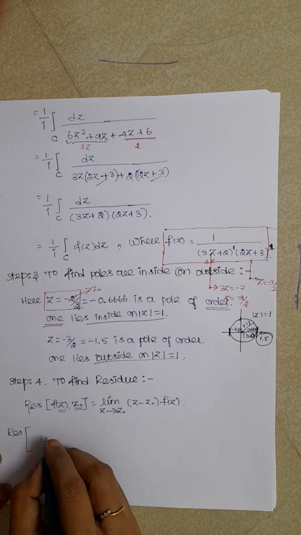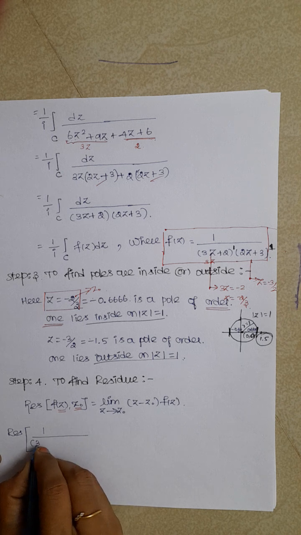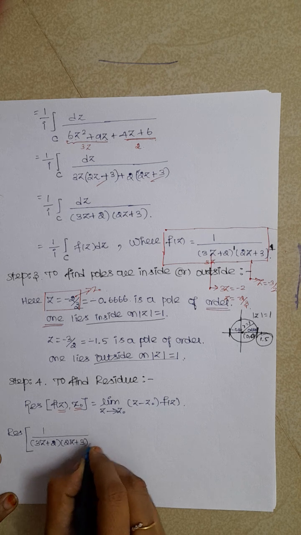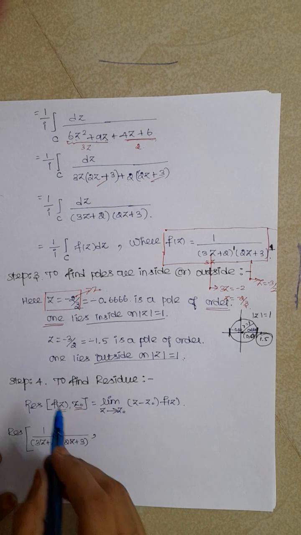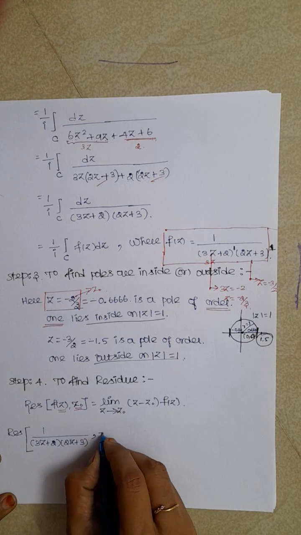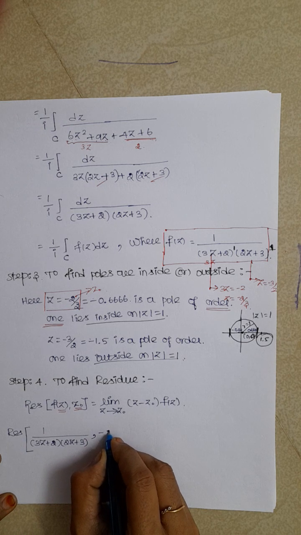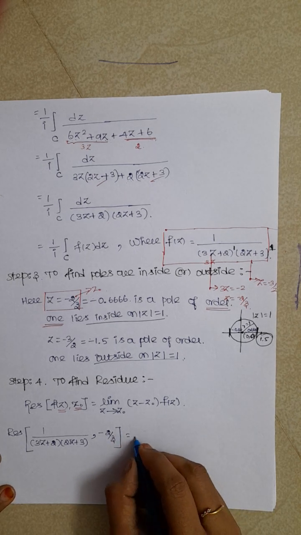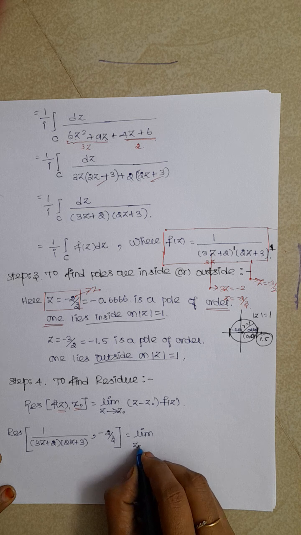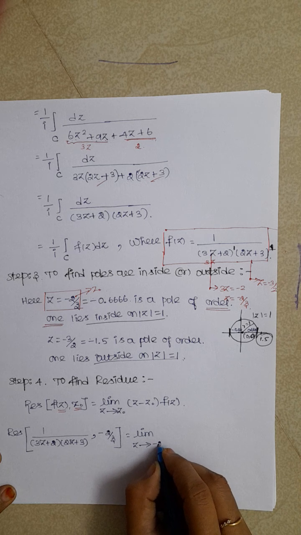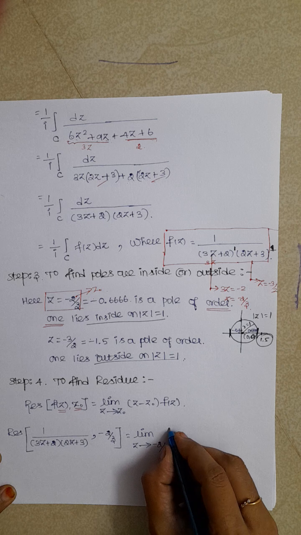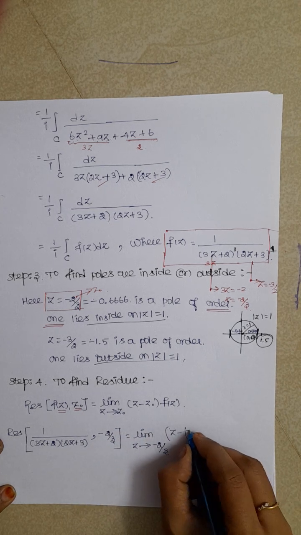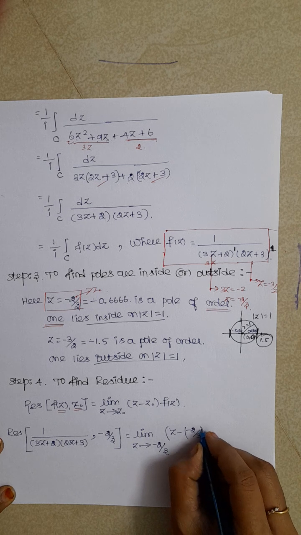So residue of f(z) equal to 1 by (3z plus 2)(2z plus 3), at z naught, the value inside, which is minus 2 by 3, which is equal to limit z tends to minus 2 by 3 of (z minus z naught) into f(z), where z naught value is minus 2 by 3.